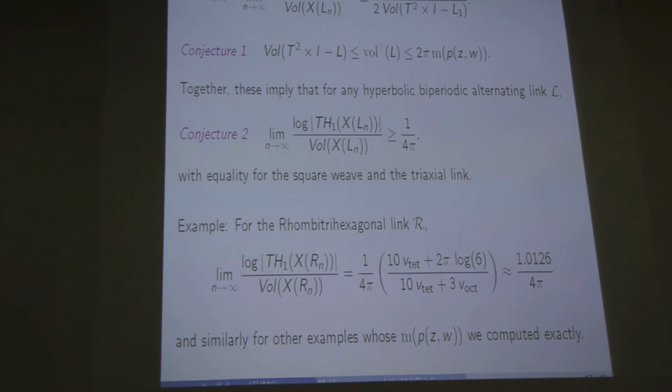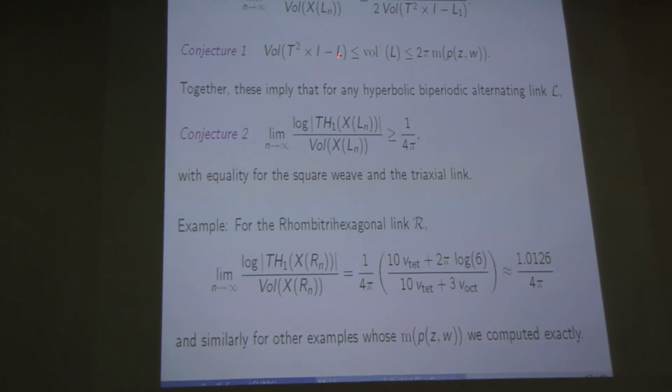If we put these two together, they imply that for any hyperbolic biperiodic alternating link, the exponential homological torsion growth divided by the volume growth of X of Ln is going to be greater than or equal to 1 over 4 pi. And equality holds for the square weave and the triaxial link, which we proved.